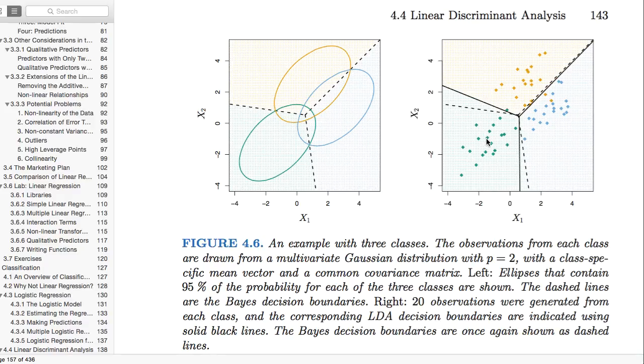And here's the actual sample data, and you can see that the solid lines, the LDA decision boundaries, the linear discriminant analysis decision boundaries, are very close to optimal in this case. It's largely because these three are the same, and we believe that they take on this shape.